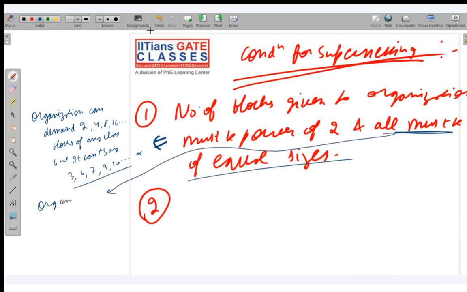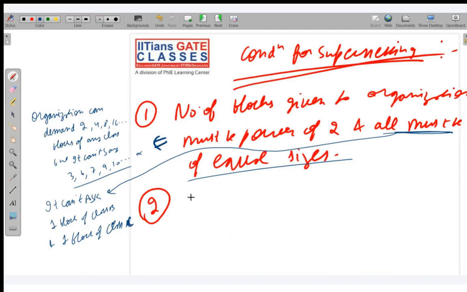It cannot ask for 1 block of class B and 1 block of class A. It cannot demand like this. Or 1 block of class B and 1 block of class C. This is not allowed. I hope you have got the point. So these two are the basic points. This was the first condition.